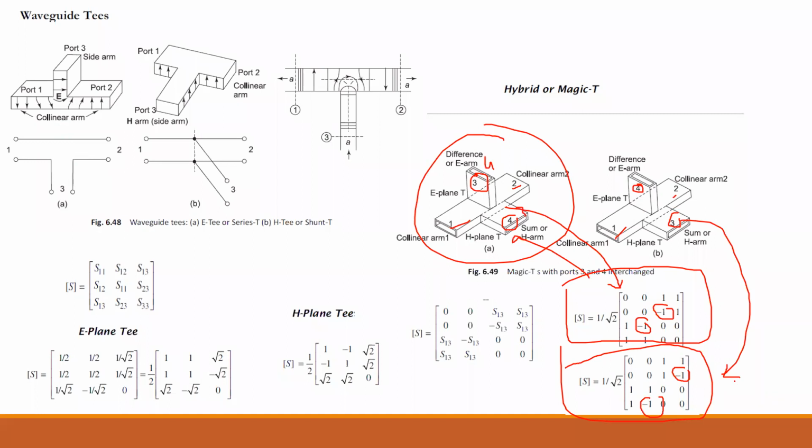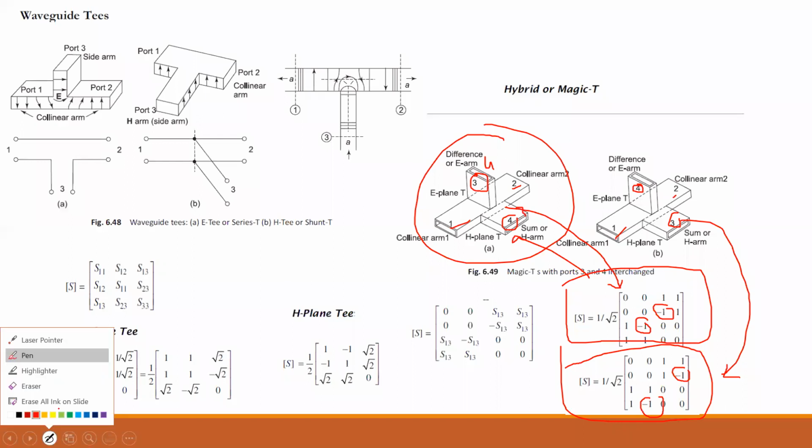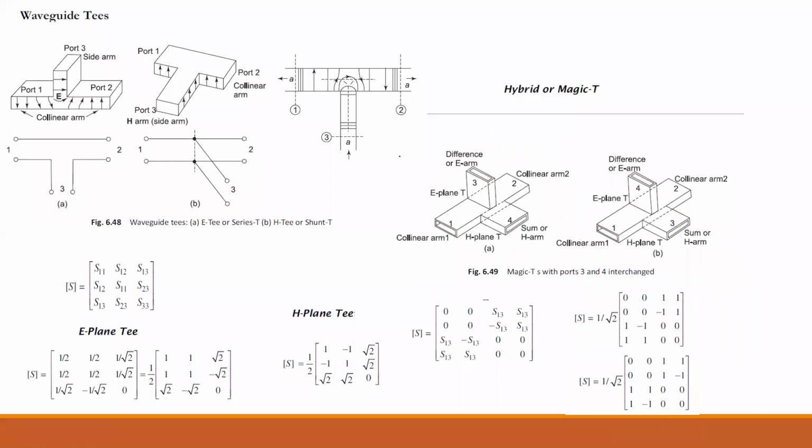So this is with respect to the different waveguide T's what we can observe. Now, apart from this, what is the application of these devices, especially for the Magic T? In Magic T, we have something called as EH tuner.